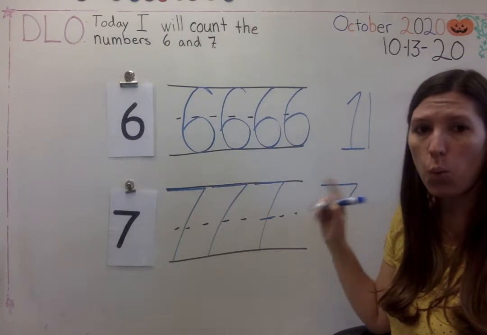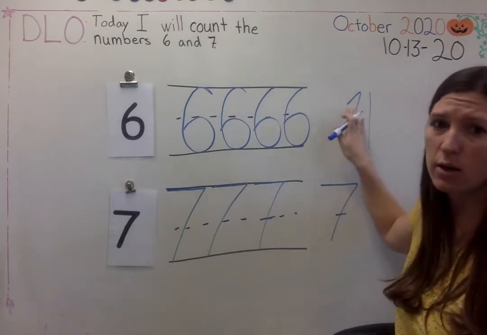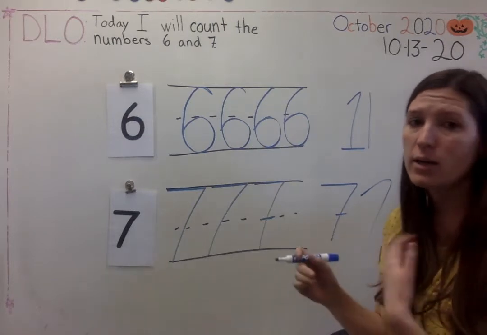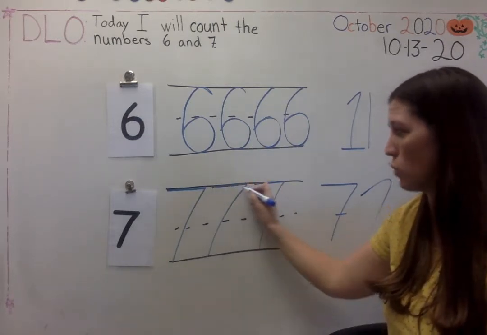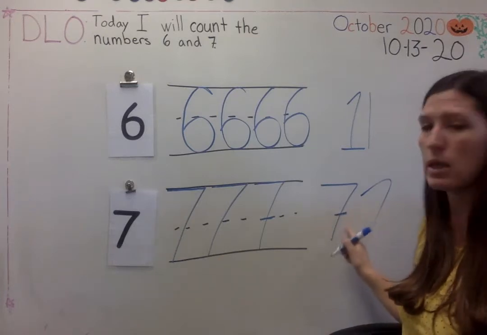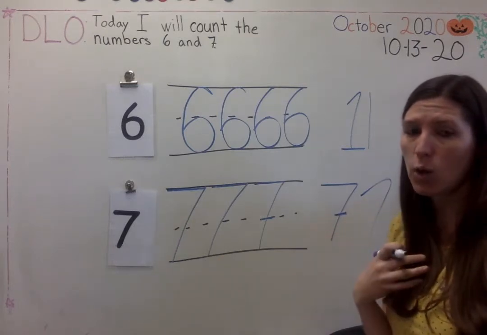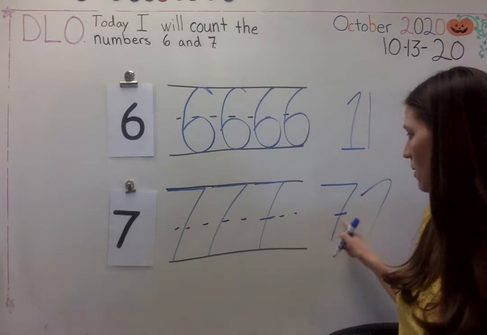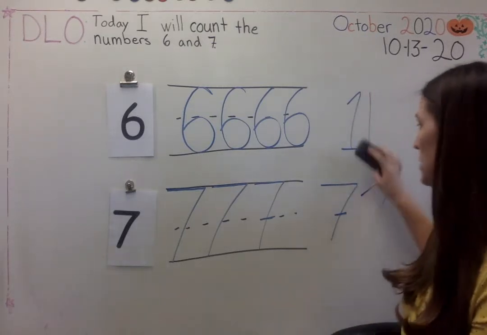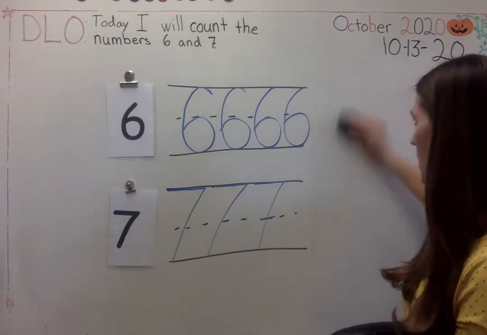If you're writing a 1 really fast with that little tag on top, it could look like a 7, like that. That is why it's important to make sure that you go straight across, down from heaven. But when I write it, I add the little tag here, because then I know, my reader knows, that's definitely a 7. So I just wanted to show you a couple different ways to write that number.